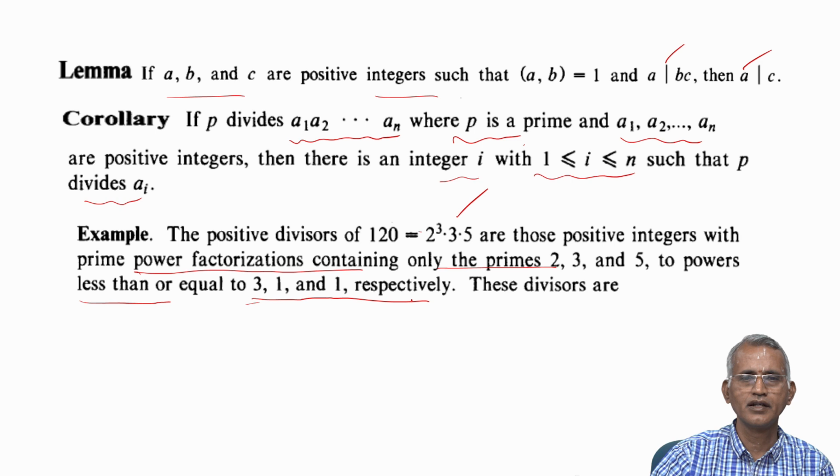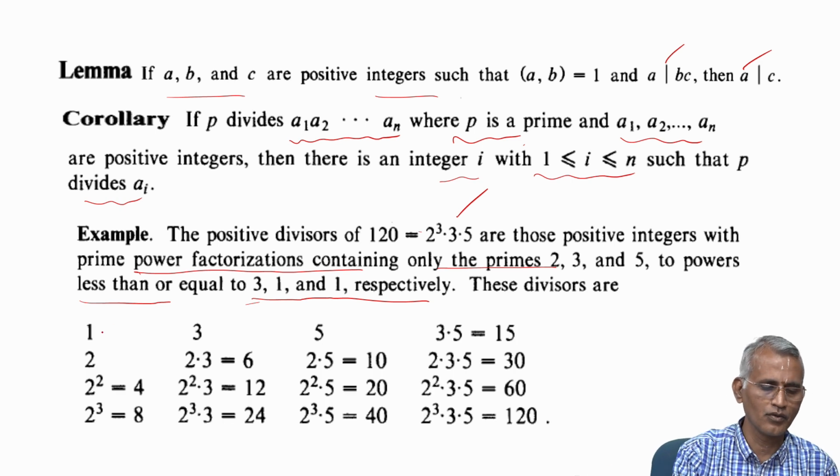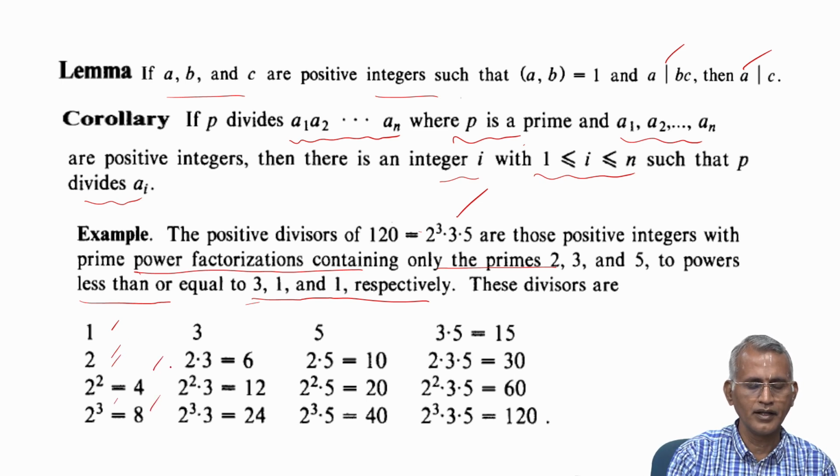These divisors are, for example, 1 and 2, 2 square is 4, 2 cube is 8, 2 into 3 is 6, 2 square into 3 is 12, 2 cube into 3 is 24. Then with 5: 2 into 5 is 10, 2 square into 5 is 20, and 2 cube into 5 is 40.